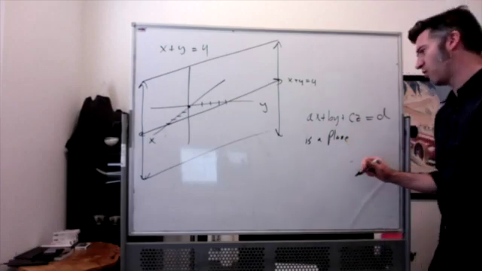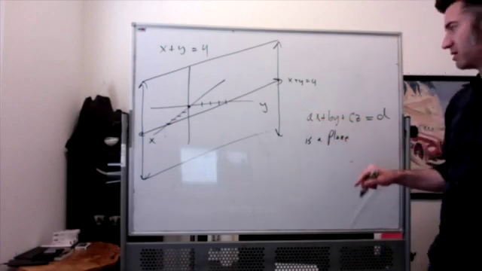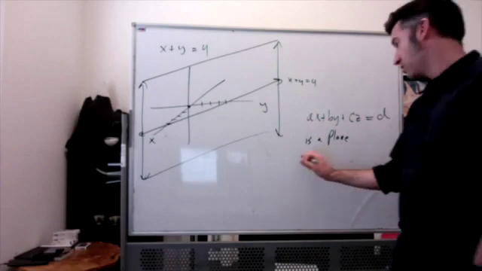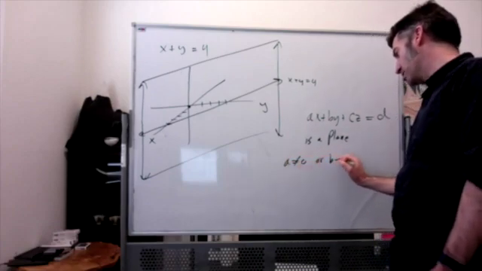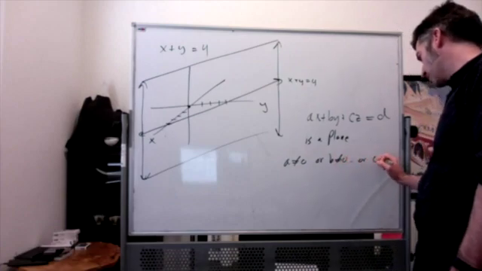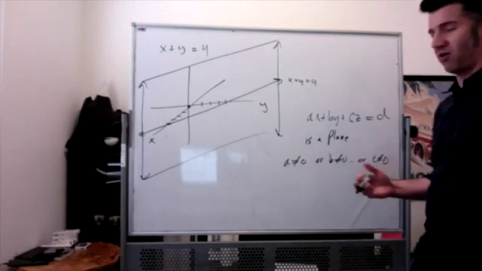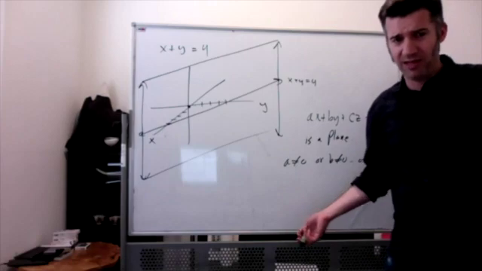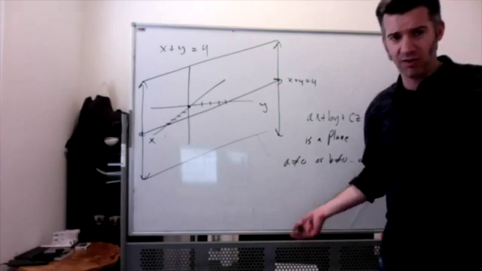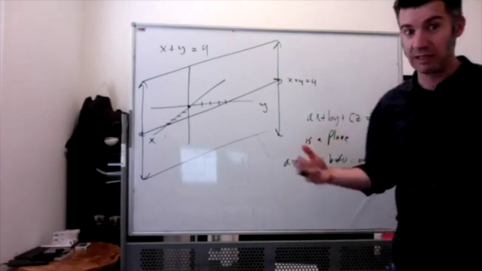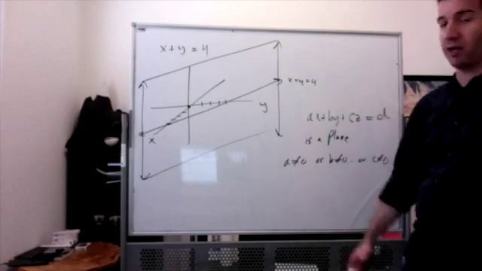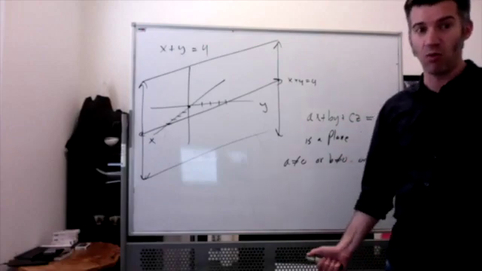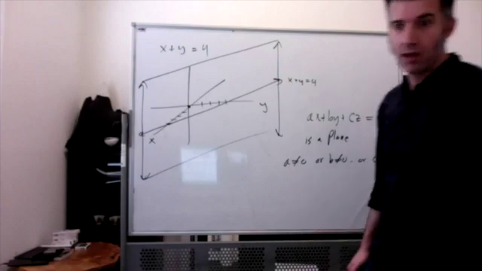The only thing required is that at least one of these coefficients is not 0. Either a is not 0, or b is not 0, or c is not 0. If they're all 0, you have 0 equals 0, so you don't have anything. That gives you a plane when all the powers of x, y, and z are 1, or the variable is not there.